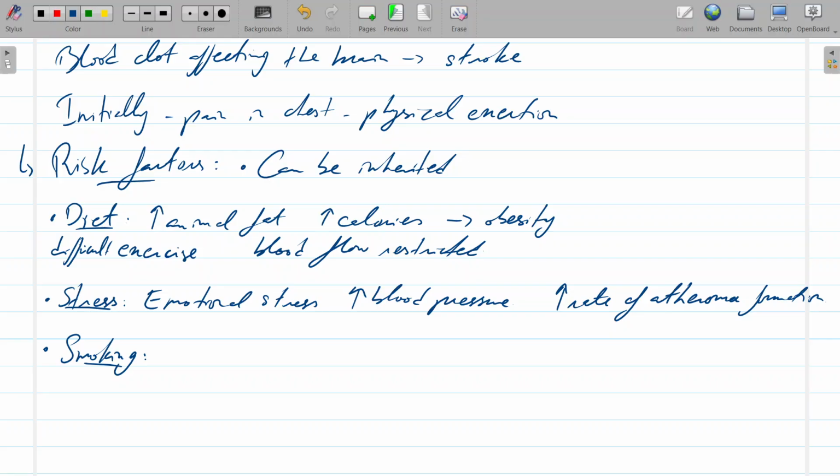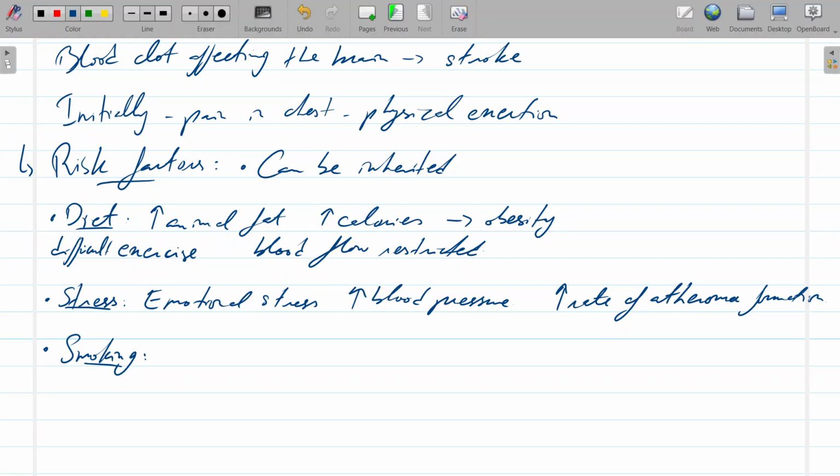Also tar, nicotine. Nicotine is a chemical that's present in the cigarette itself. So when it burns, you inhale it, and so it goes into your body, into your lungs. It has its effects. But one of the major players in this case is tar.